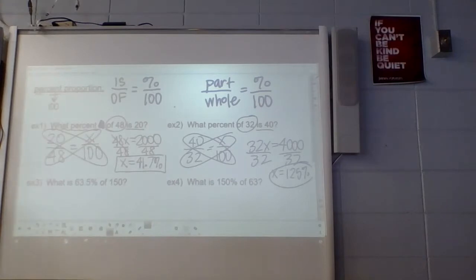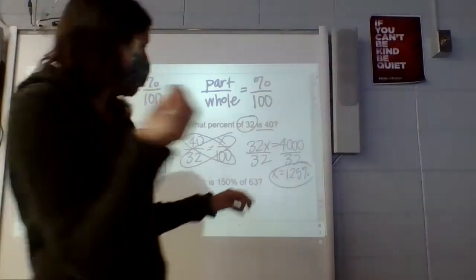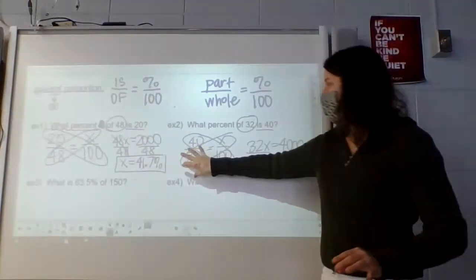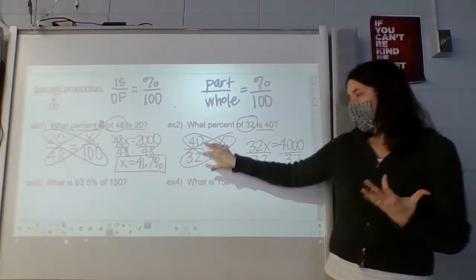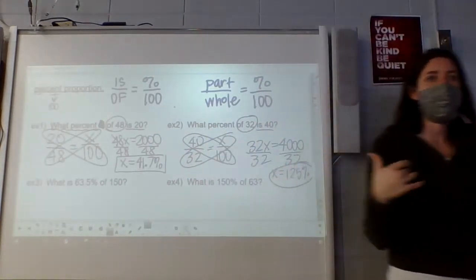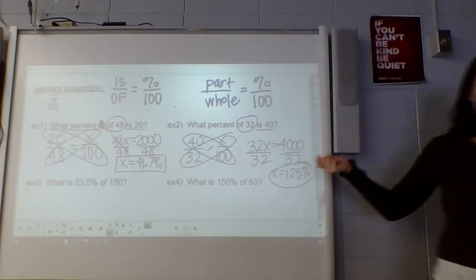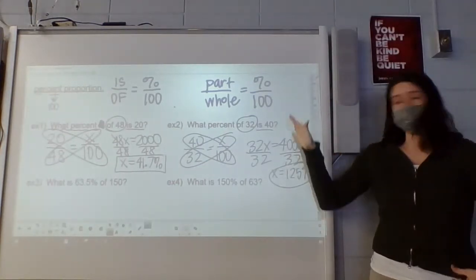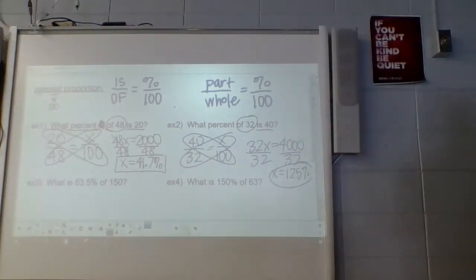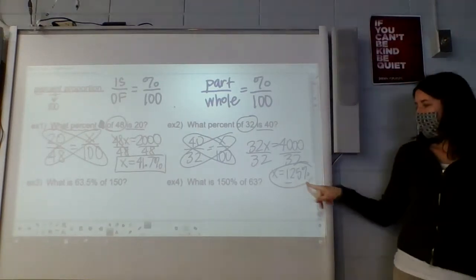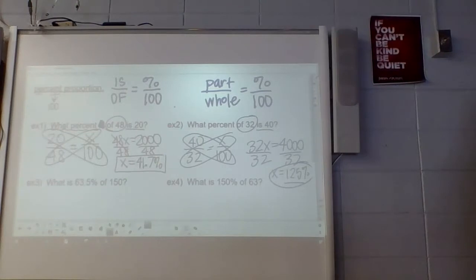It's called markup. So let's say they paid $32 for it, probably not, and then they're charging $40. So they're charging 125% of what they paid. It's called a markup idea, that they have to make money on what you're purchasing. It's probably a lot more than that, to be honest. Usually it's like double what they paid for it. But this is something that's possible, that you can get more than 100%, which is confusing.